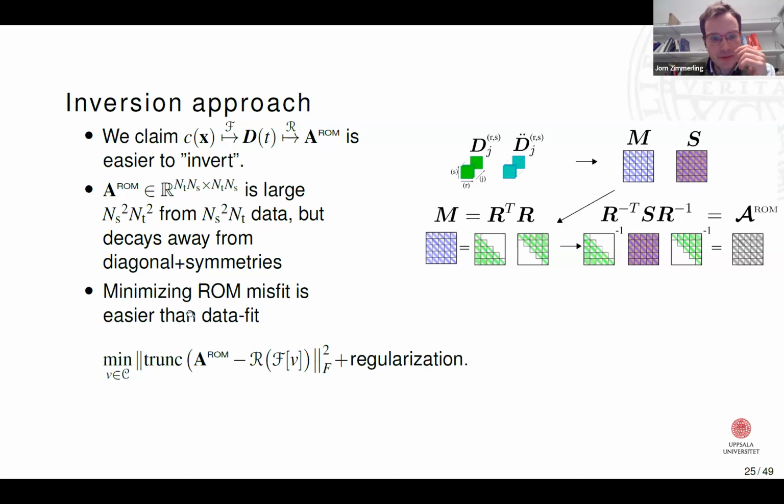But what we will do is minimize the reduced order model misfit. So rather than the data misfit, we are going to reduce the misfit of A ROM minus the composition of the map script R with script F. And here I've written this truncation operator in front of it, because with A ROM we essentially made the data t times larger than it originally was.